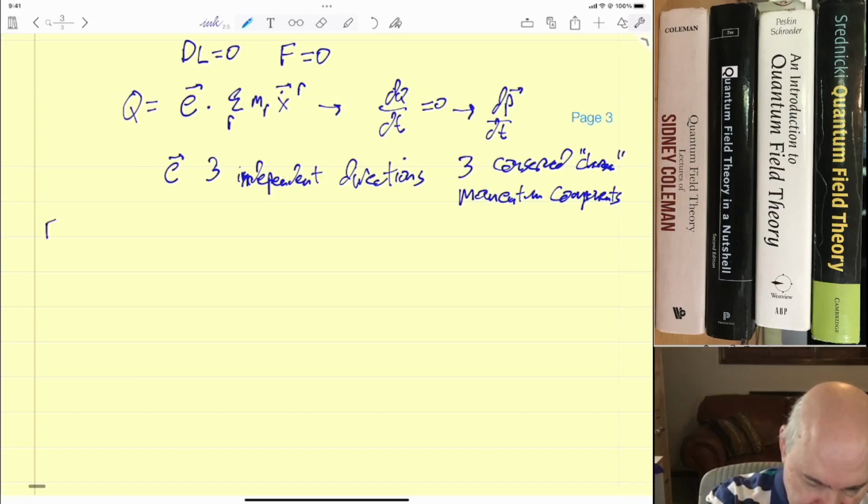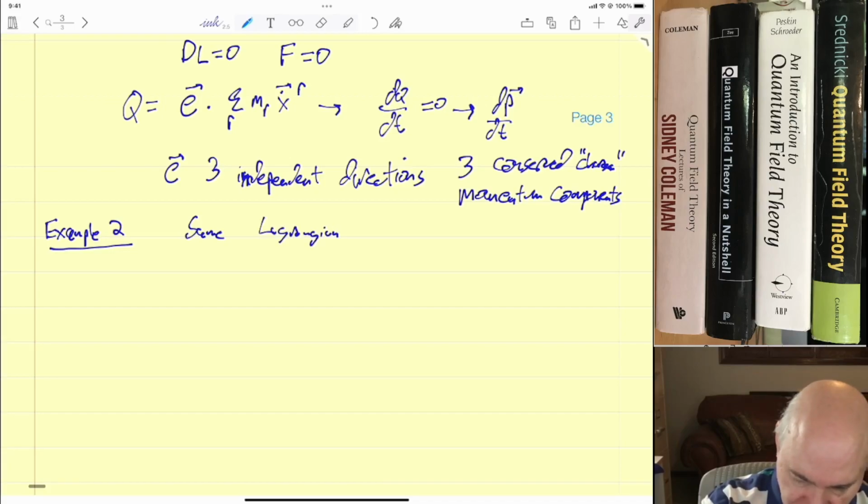Our second example, let's do the same thing for the same Lagrangian. Let's do it for rotations. So x_r goes to some rotation, which depends on an axis e and an angle lambda.